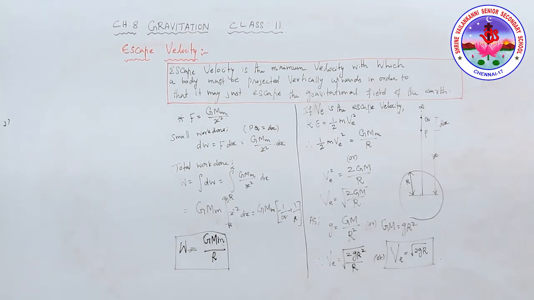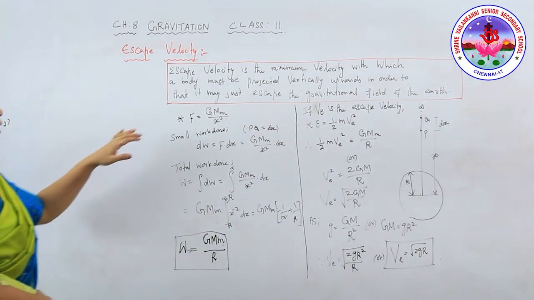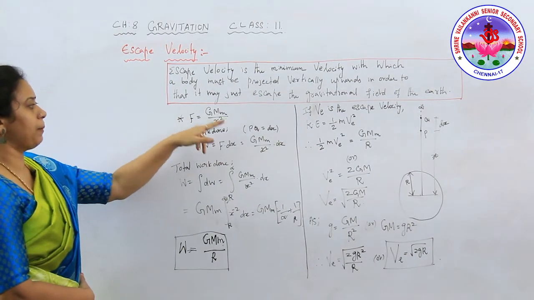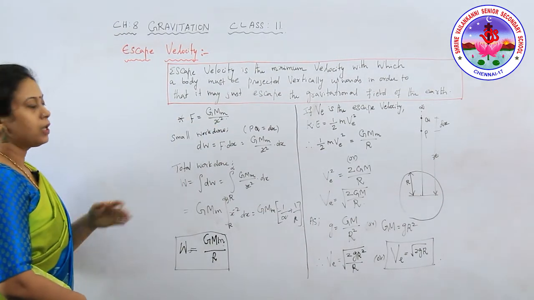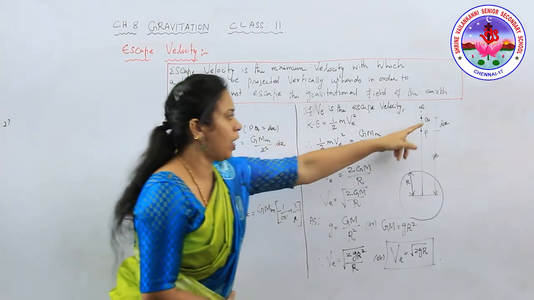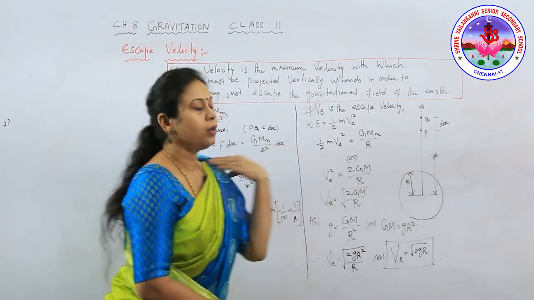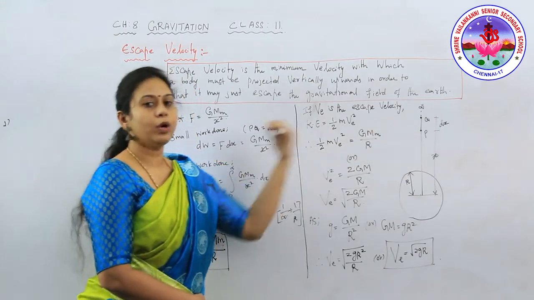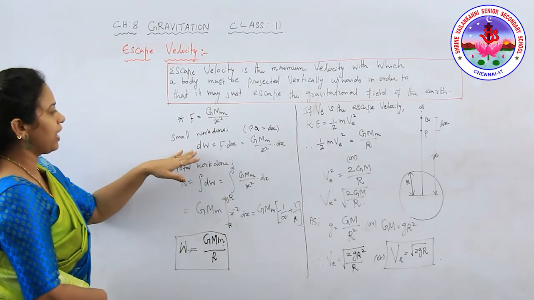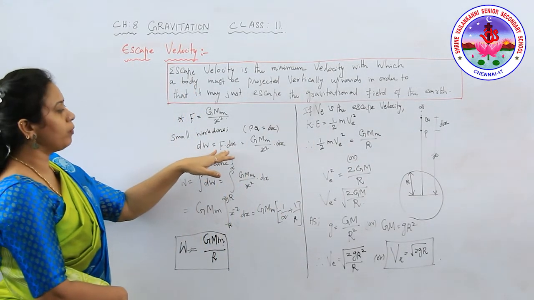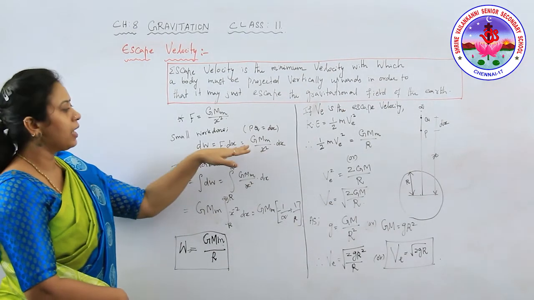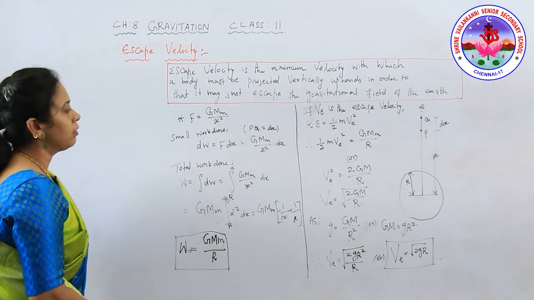The gravitational force of attraction on the body is F equal to GMm by x square. The small work done from P to Q, dW, is equal to F dx, so GMm by x square into dx.